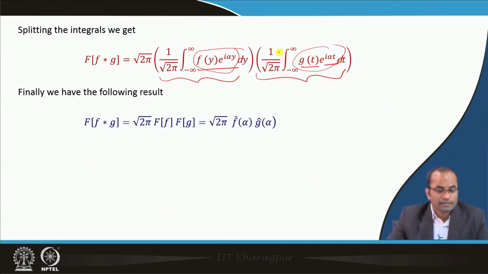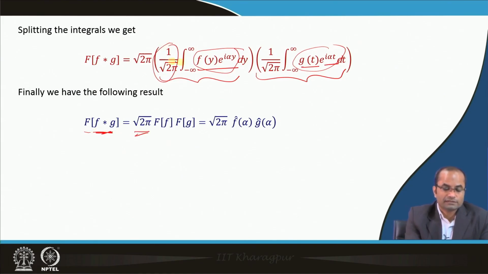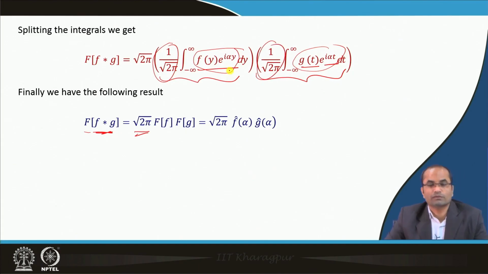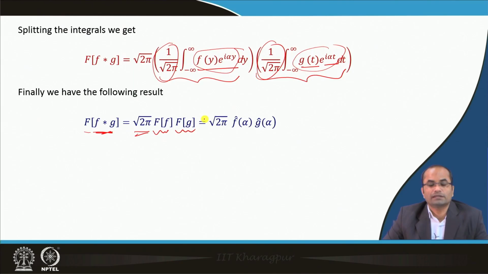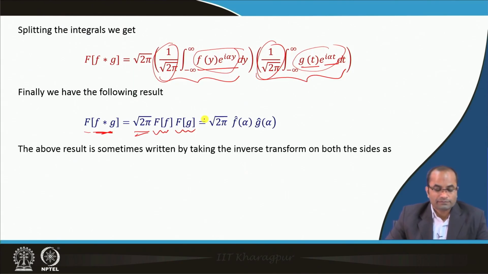So finally, the Fourier transform of this convolution has a square root 2 pi there, and we have adjusted the 1 over square root 2 pi factors so that it becomes exactly the Fourier transform of f times the Fourier transform of g. This is the desired result.